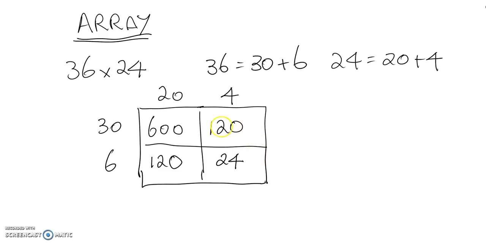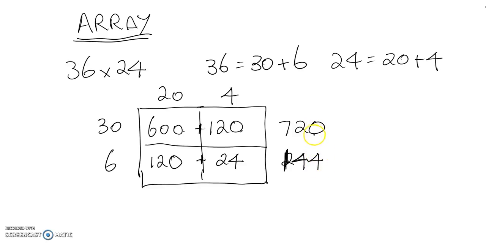So let's add across this way and across this way. So 600, this one, plus 120 is 720. We've added those together. We're going to do the same here. We're going to add these together. 120 plus 24 is 144.